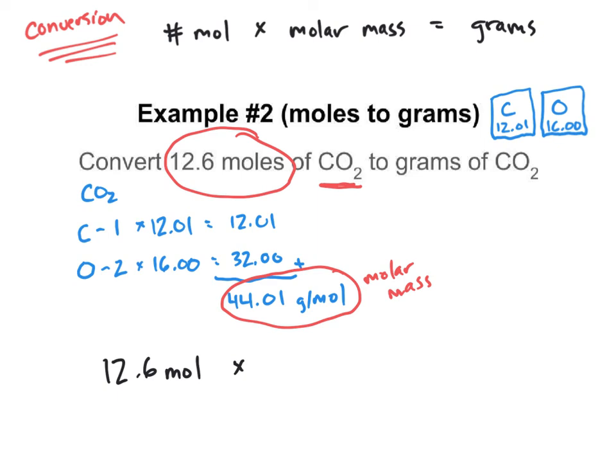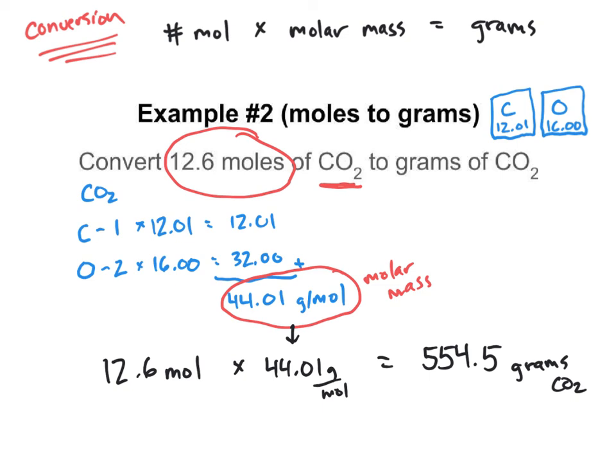If you were weak in molar mass, or you slacked off and didn't learn it, now it's going to be really paramount that you know how to do it. So this drops down right here: 44.01 grams per mole. And this equals 554.5 grams of CO2. We can put CO2 so we know which one we're talking about.